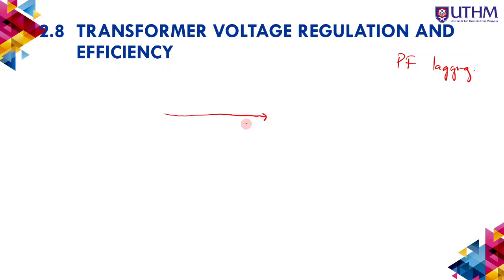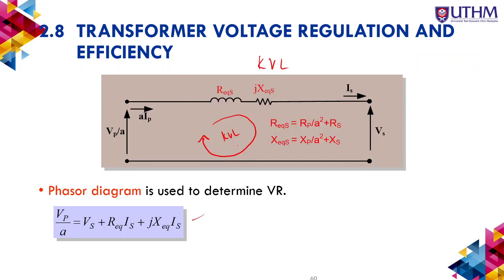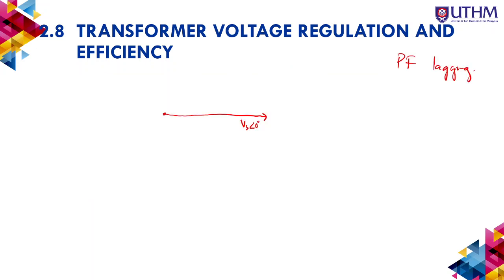So the phase of Vs is 0. Then we know there is a current Is, and its power factor is lagging, so lagging means negative angle here.